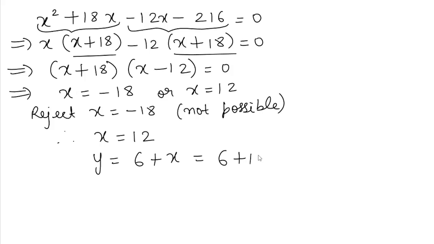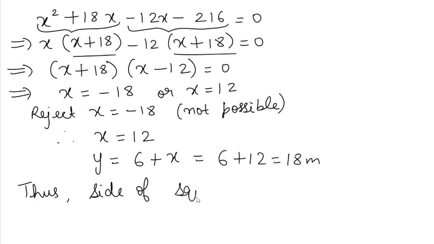That is 6 plus 12, that's 18. Thus, the sides of the squares are 12 meter and 18 meter.